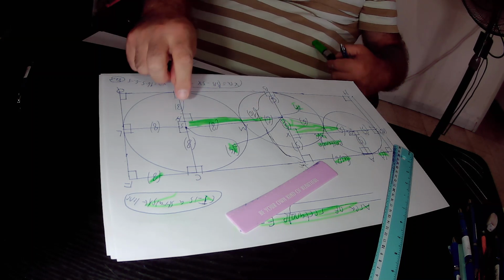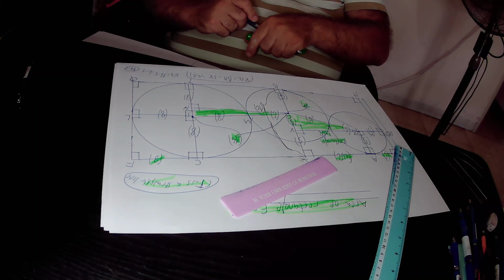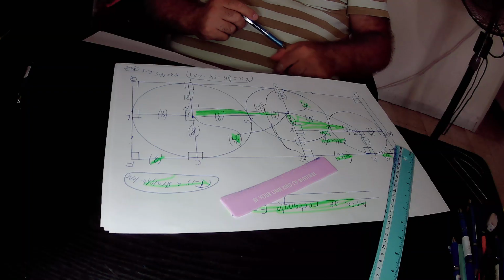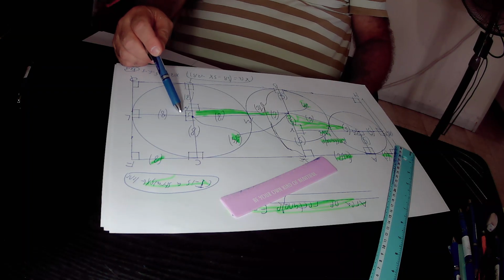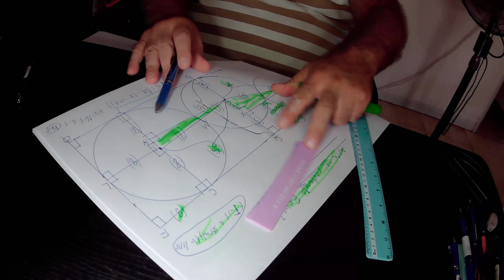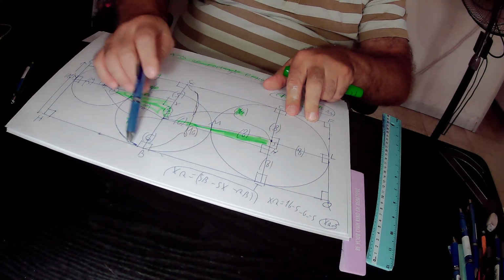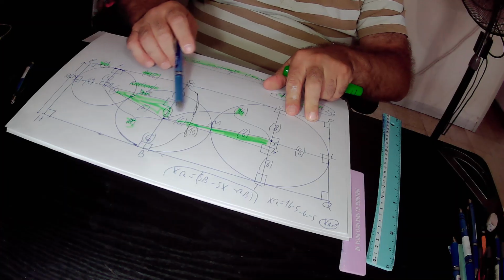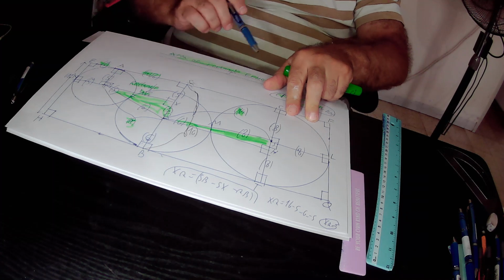What is the length of this short line segment SH? In order to find out the length of SH, we must focus on this quadrangle QHTB. Inside this quadrangle QHTB, we have 1, 2, 3 right angles.